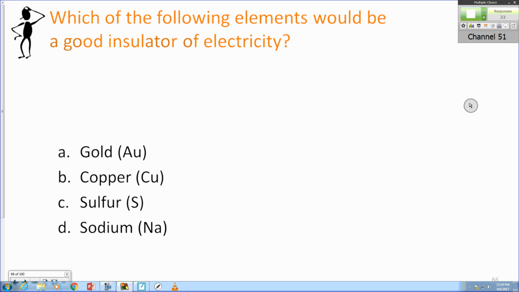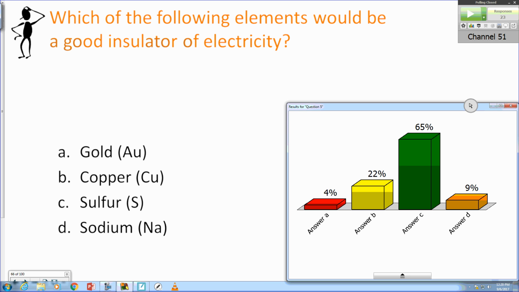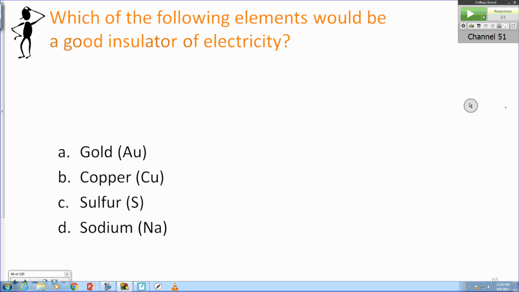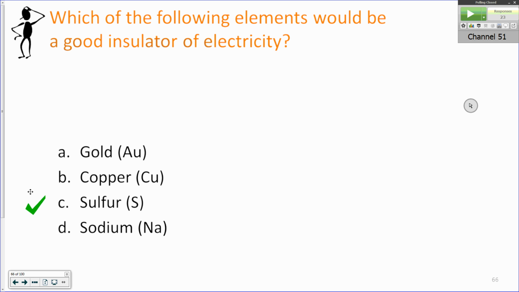Last one. Okay, most of you said it was C. Okay, and C is the correct answer. So, what type of element is C?